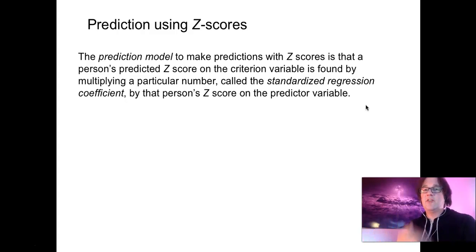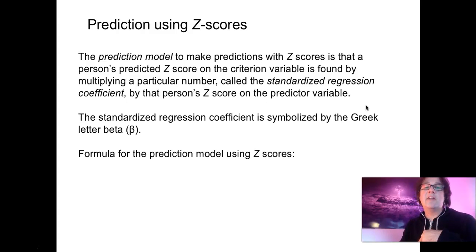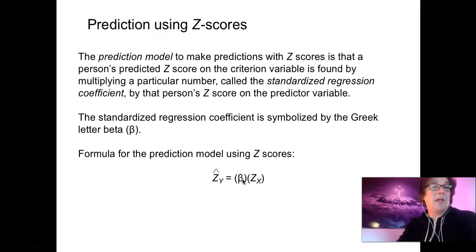Okay, but we're taking a standardized z-score and multiplying it by some standardized, well, there we go. I forgot I had a formula here. So if we're trying to predict the standardized score, and remember this has a little hat on it because it's a predicted score, if we're trying to predict what somebody's standardized score would be on y, we would take their standardized z-score, multiply it by the standardized regression coefficient, also known as beta, and we would get a standardized z-score out of that.